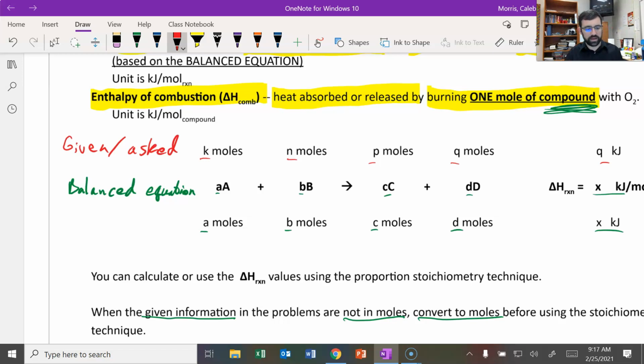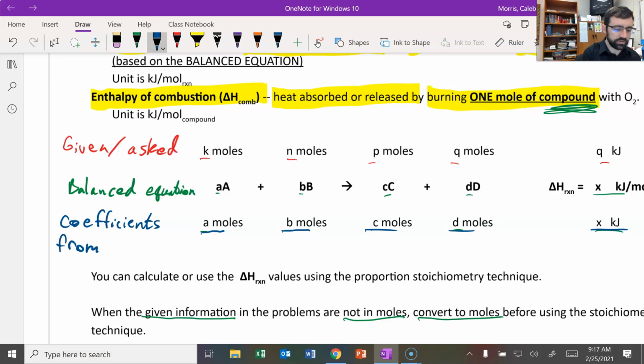That's all that is. Okay. And then down here, when we've got our coefficients, that's the coefficients from the equation, from the balanced equation.